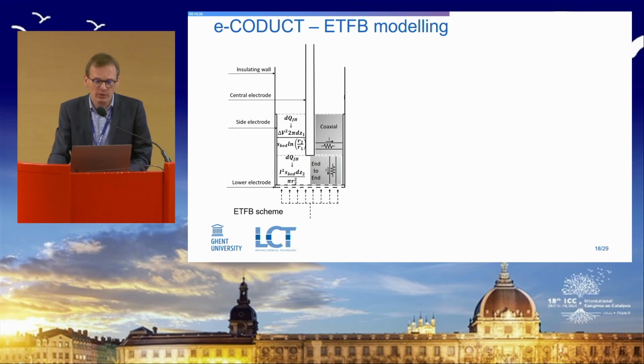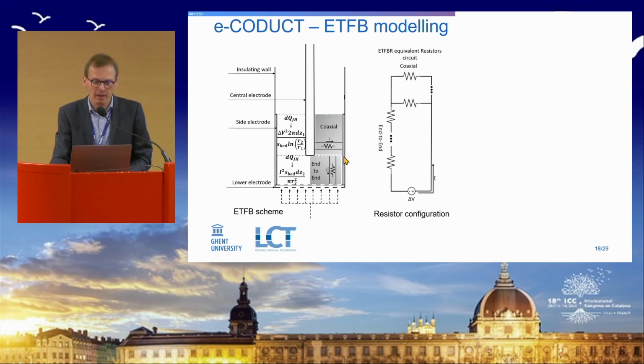Also on the ETFB reactor, we are doing some modeling, and there we have to account for different zones. On the one hand, there is the zone which we denoted as a coaxial zone. On the other hand, there is a zone that we denoted as the end-to-end zone for how the current is flowing from the outer electrode to the center electrode, of course preserving a sufficient distance in order not to have short circuiting.